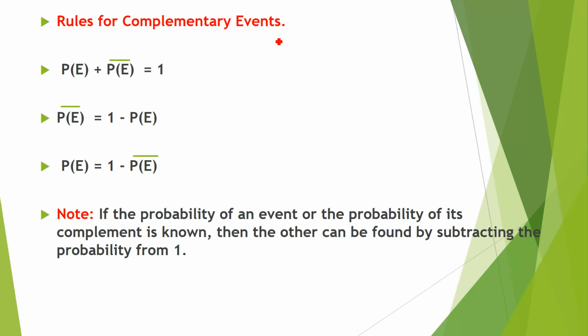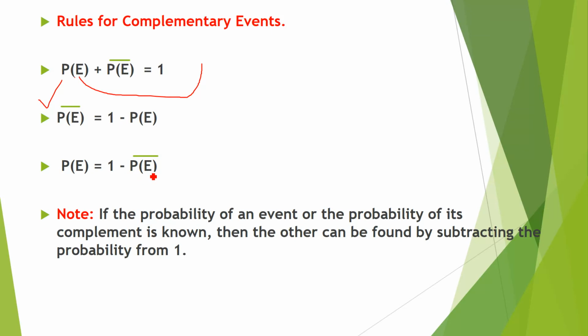Here are the rules for complementary events. This one I told you: probability of E plus probability of the complement is equal to 1. We have proved it. If you know the probability of the event, you can move it to the right-hand side and find the probability of the complement.